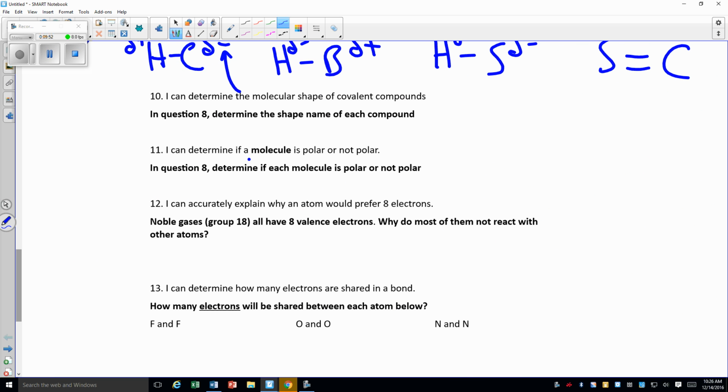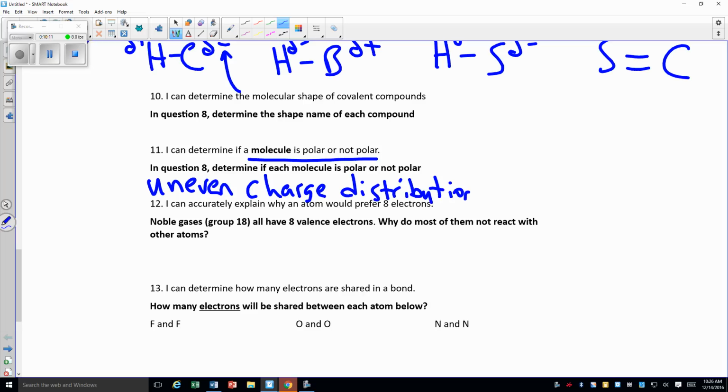Determine if the molecule is polar or not polar. So this means to be polar, you have to have uneven charge distribution. The charges must be distributed unevenly.